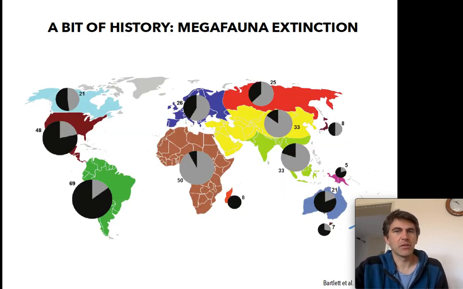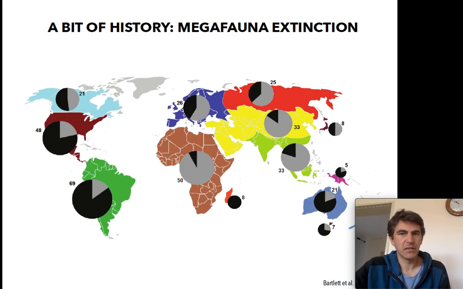If we take a look at the global distribution of extinct megafauna species, we can check this picture here. So megafauna genera here are defined as species above 40 kilos in weight. Black is the proportion of those that have gone extinct, and gray is the proportion of those that are still around. And we're finding hugely unequal numbers of megafauna extinctions around the world.